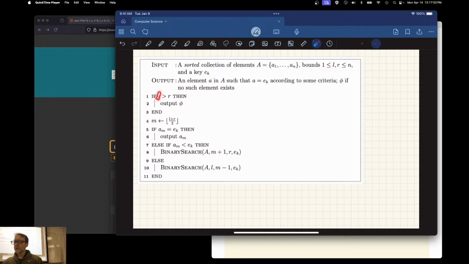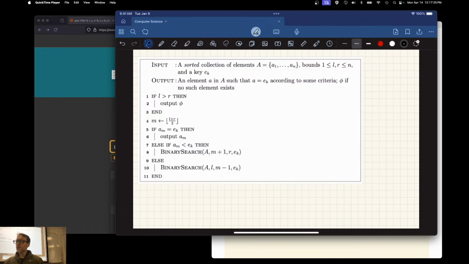If L has exceeded R, then we're done; we output no. Otherwise, we compute that middle index. If that's the thing we're looking for, we're done. Otherwise, if the thing we're looking for is greater than the middle element, then we need to search in the right, so we recurse on m plus 1 to R. Otherwise, we recurse left, L to m minus 1.